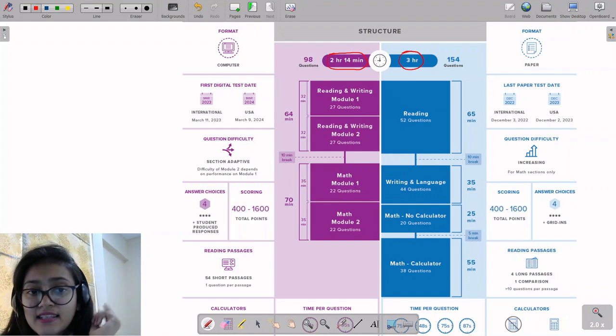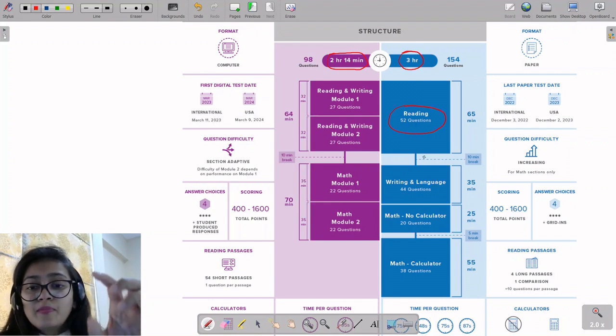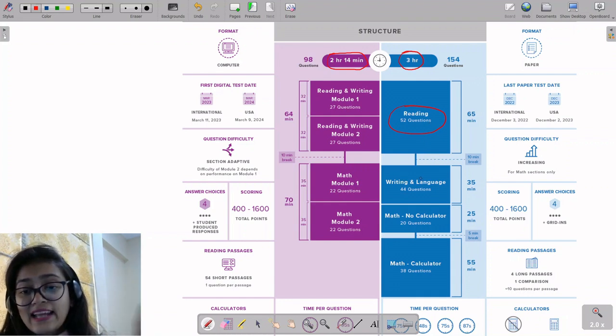Now when the test starts, the first section that you used to get in the paper SAT was reading. So there were 2 different sections, and the second section was for writing and language in the paper version.